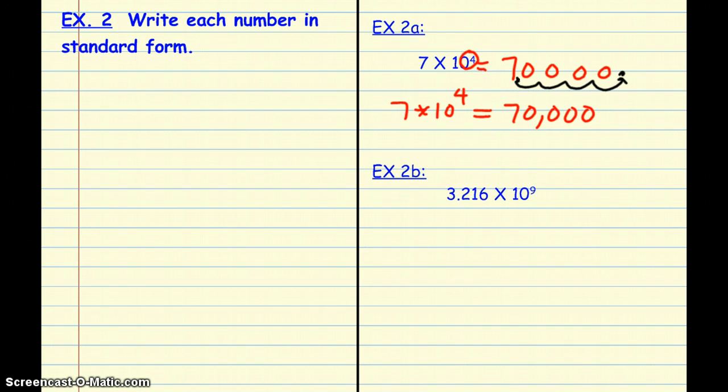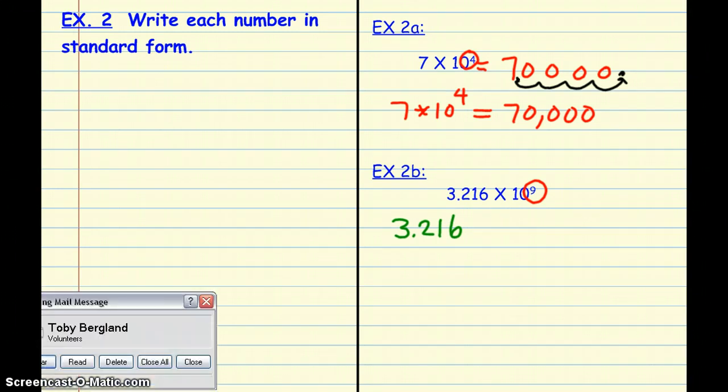Okay, let's do another example. In example 2b, we have 3.216 times 10 to the 9th. Again, I'm going to rewrite that first number, and I ask myself, what's my exponent? Here my exponent is 9. So I'm going to take my decimal that's in that first number, and I'm going to move it 9 places to the right: 1, 2, 3, 4, 5, 6, 7, 8, 9.